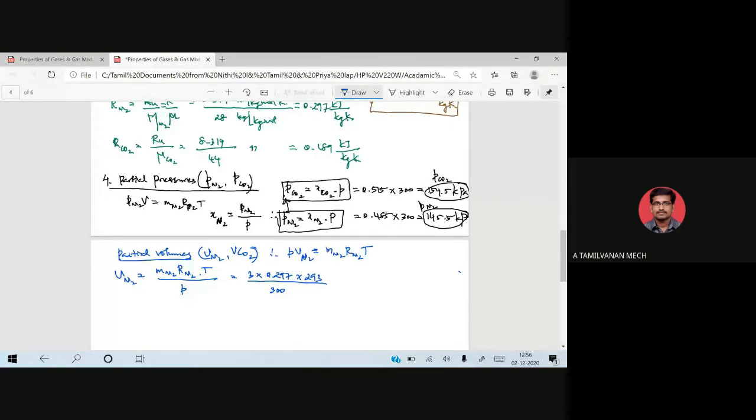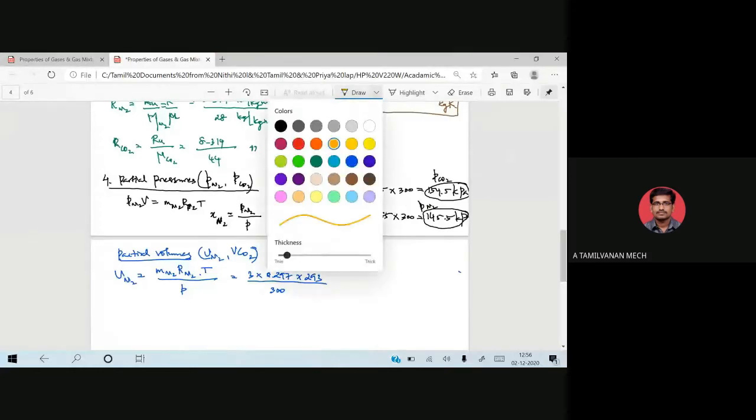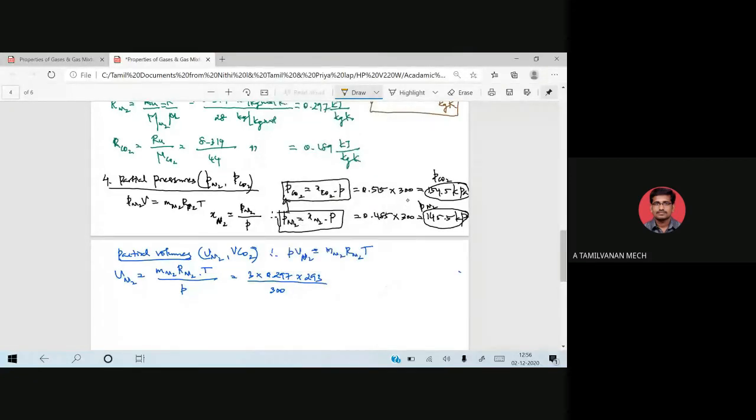So here, before we go into substitution, you should write what the units of the parameters are. Mass is represented in kilogram. The unit of R is kilojoule per kilogram Kelvin. The temperature is in Kelvin.